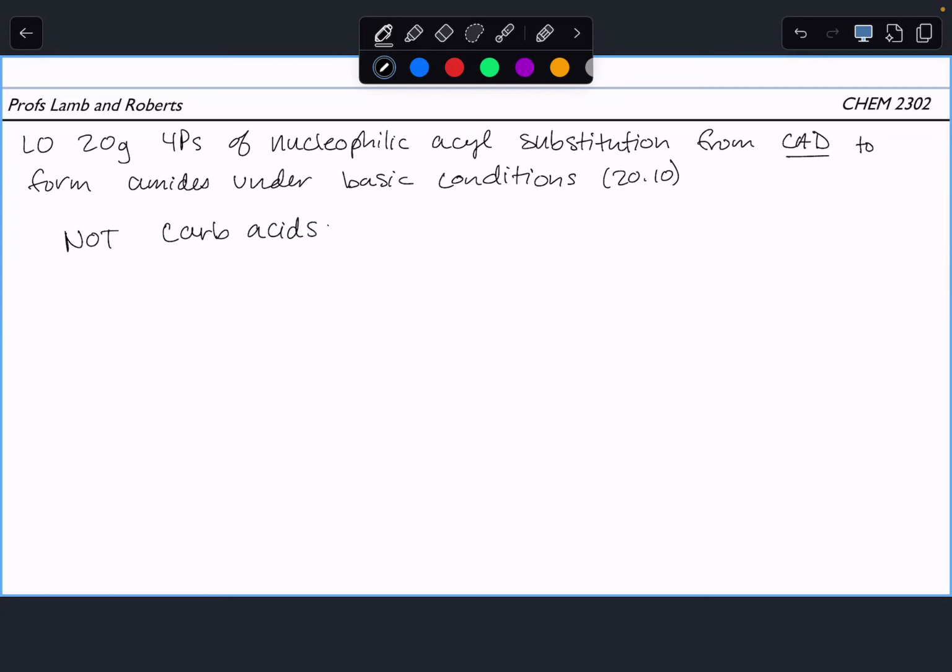It can't be from carboxylic acids by themselves, because, right, this is our carboxylic acid. You need some sort of amine nucleophile, which is a base. And so instead of doing a nucleophilic acyl substitution, all you would do is acid-base chemistry.